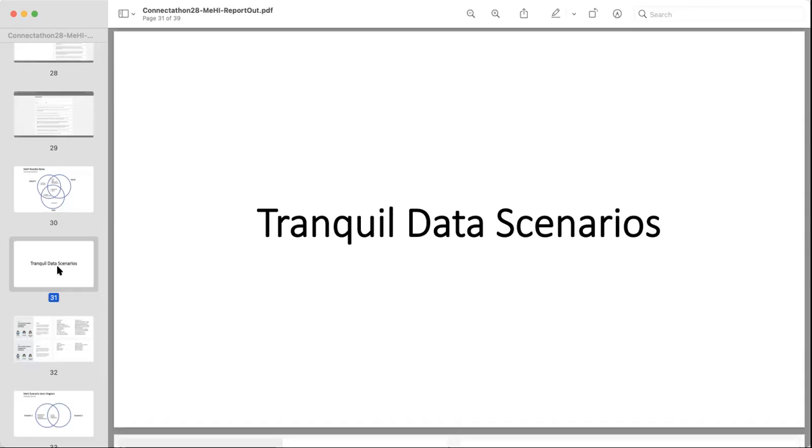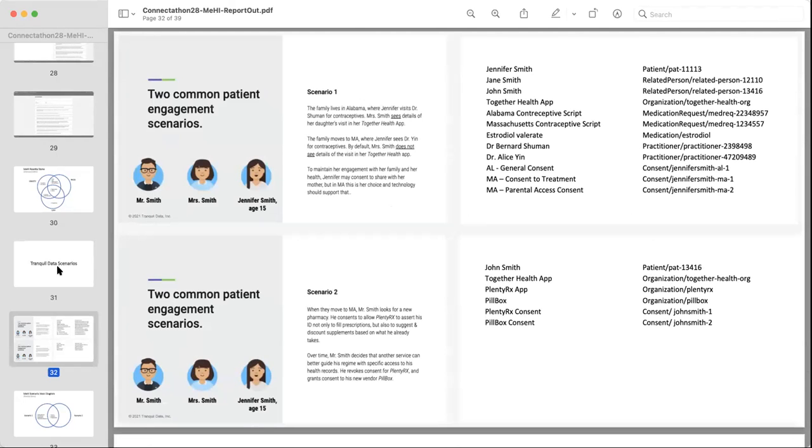Lastly, on a report out, Tranquil Data gave us some scenarios, and going forward, there were two scenarios. One was about a teenage girl who had a prescription for contraceptives and moves locations from Alabama to Massachusetts, and what the consent process is and how it differs between different US states.